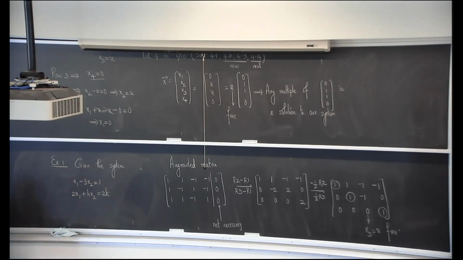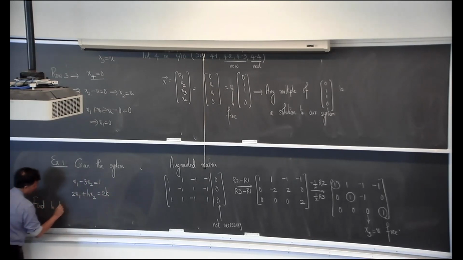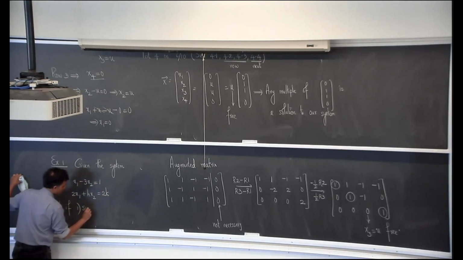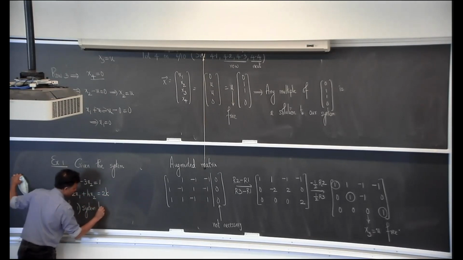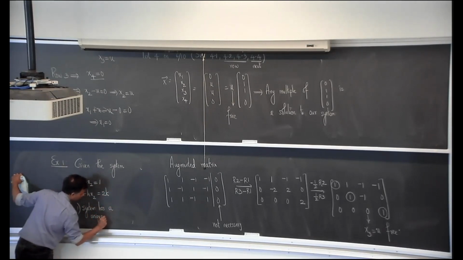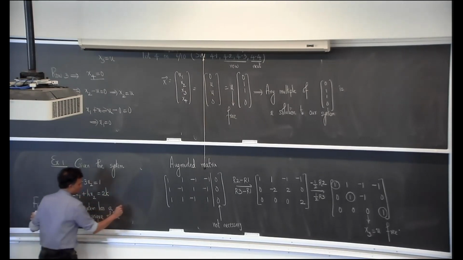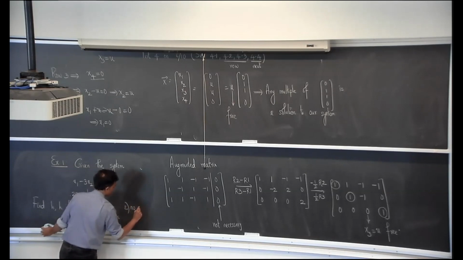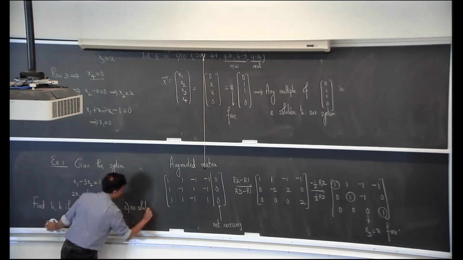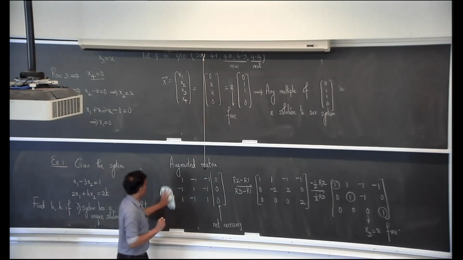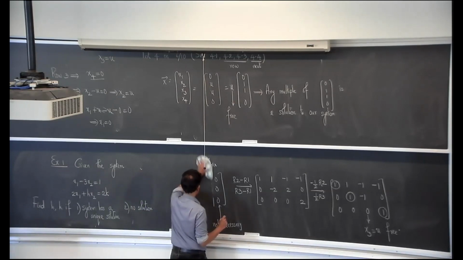Find the values of h and k if case 1, the system has a unique solution. Case 2, no solution. And case 3, infinitely many solutions.